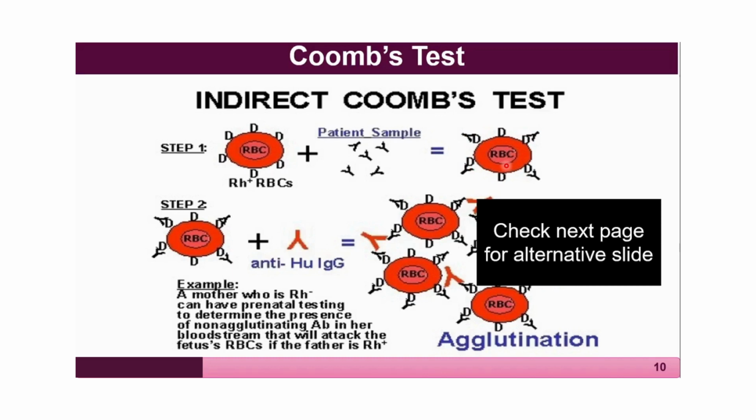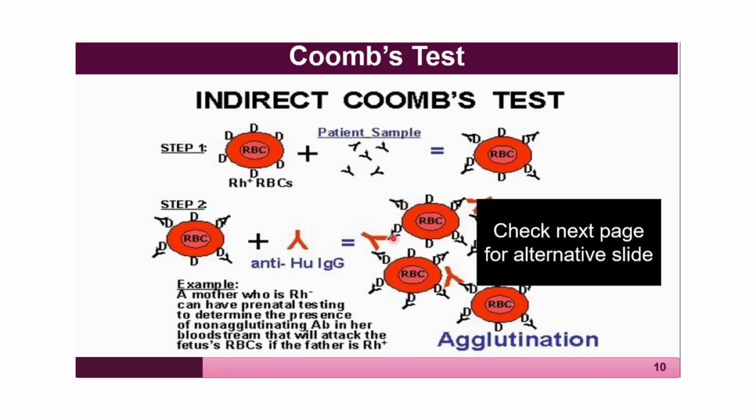To this sample, in the second step, you add anti-human Rh antibody, that is anti-human IgG. When you add anti-human IgG to that, if the mother readily had a high titer of Rh antibody, which would have bound to the Rh positive RBCs, it will cause immediate clumping of those Rh positive RBCs. And that clumping will indicate that the mother had high titer Rh antibodies.